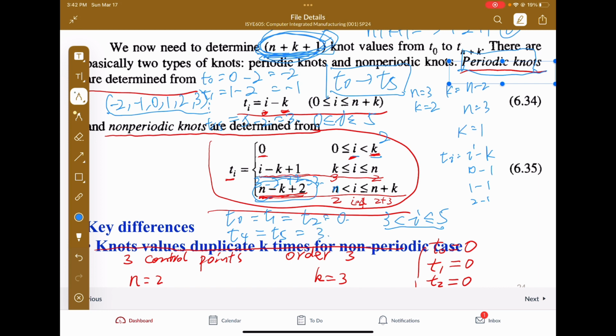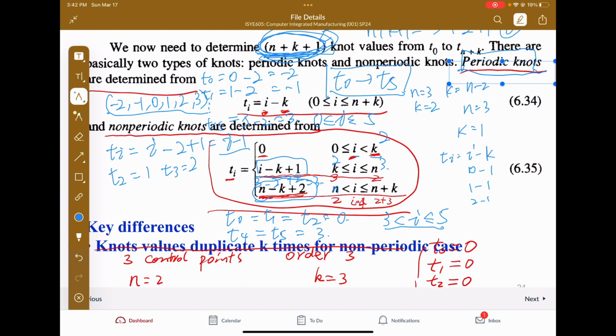In the center, with k is 2 and n is 3, for i between 2 and 3, ti equals i minus 2 plus 1, which equals i minus 1. So t2 will be 1, t3 will be 2.